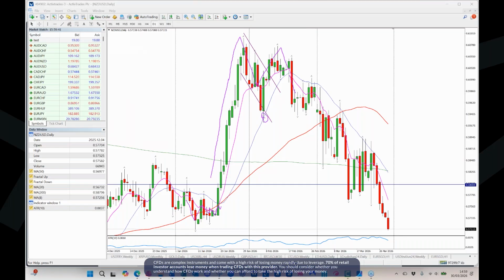The 20 acted as support, and then it flipped, and then it came back up, and the 20 had turned, and once again it couldn't close back up above the 20, could it? This was basically another lower high before price went down to the 200, came back up to the 50, where the 50 and the 20 were, and has worked its way down from there back to that 200.